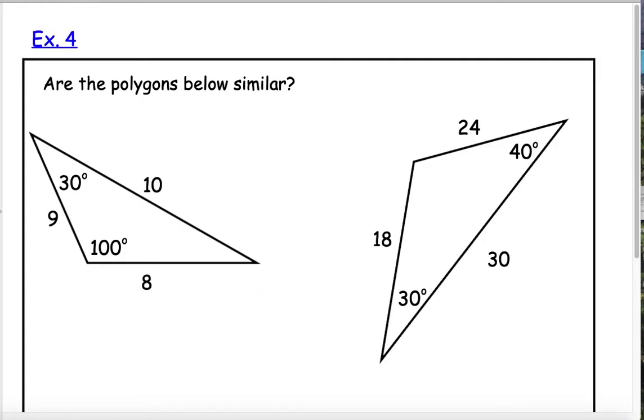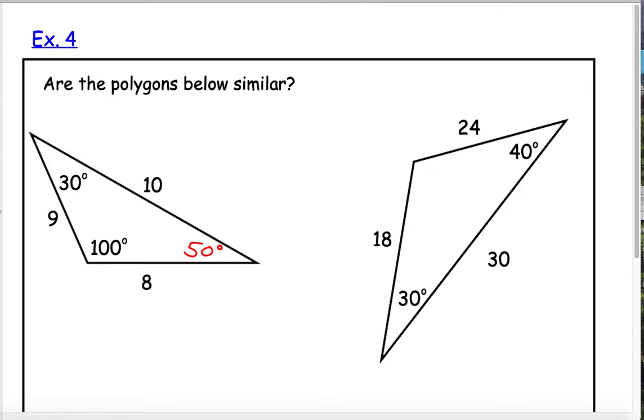Are these polygons similar? Well, you might just want to jump to the sides and start doing those proportions, but before I do that, let's figure out the missing angle. All the angles add up to 180, so if I have 130, subtract that from 180, this angle would be 50.